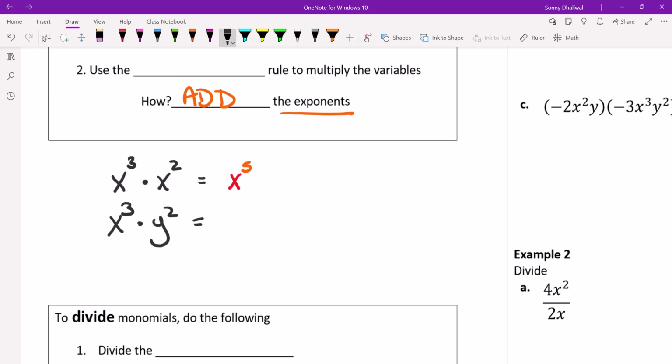So now, to boost it up one extra difficulty level, what if we go 5x cubed times 4x squared. Okay?